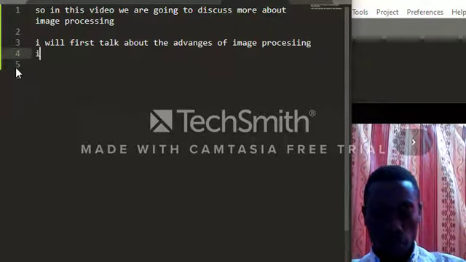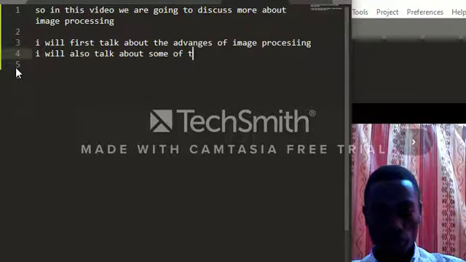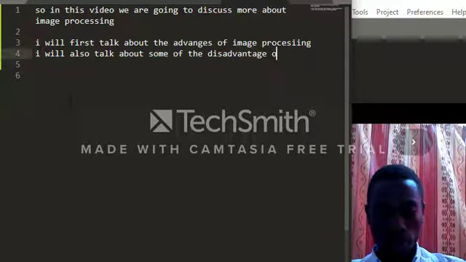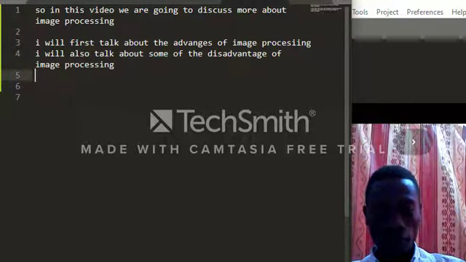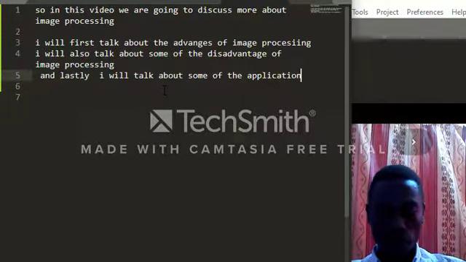Then after, I will also talk about some of the disadvantages of image processing, and lastly I will talk about some of the applications of image processing.